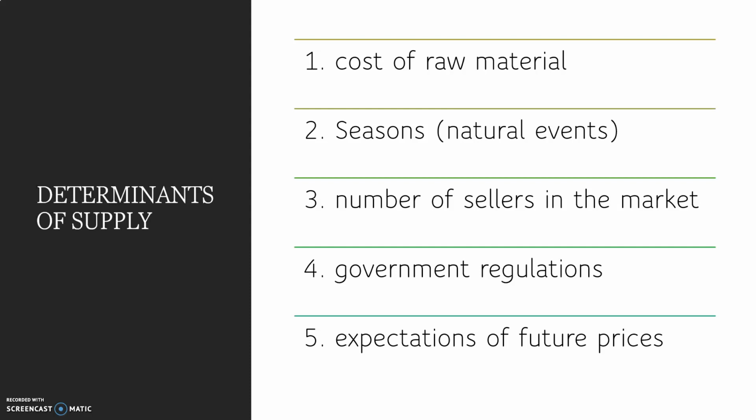So there could be an expectation of a future price increase, or an expectation that prices could decrease in the future. So if suppliers expect prices to increase in the future, they might restrict supply now so that they are able to provide those goods to the market later at a higher price.